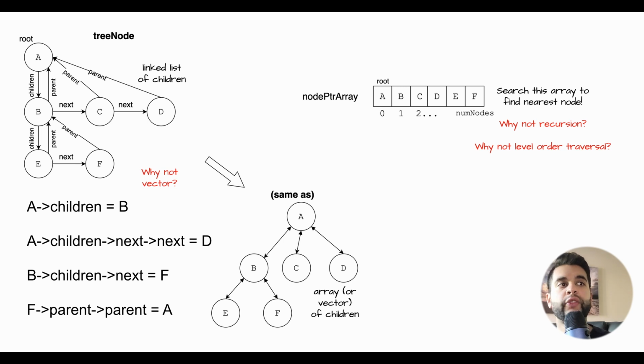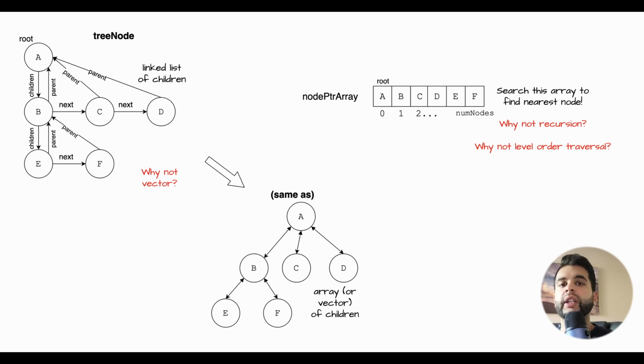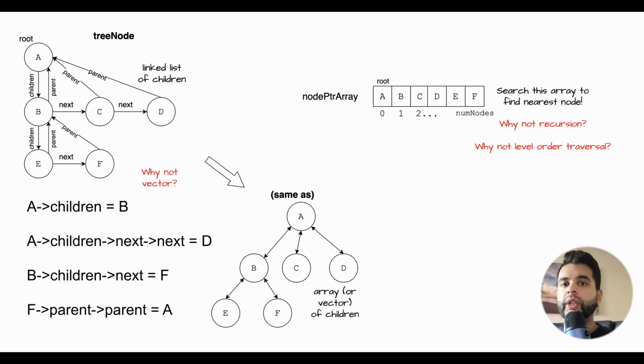Another question I ask for your thinking is why not recursion? In data structures and algorithms, we can also use recursion to search a tree. We can do a depth first search, and in this case, all I would have to do is make a function that takes in the root and then it says search root.children and then root.next. So it'll keep recursively calling the entire tree. The reason is because think about the recursion stack depth.